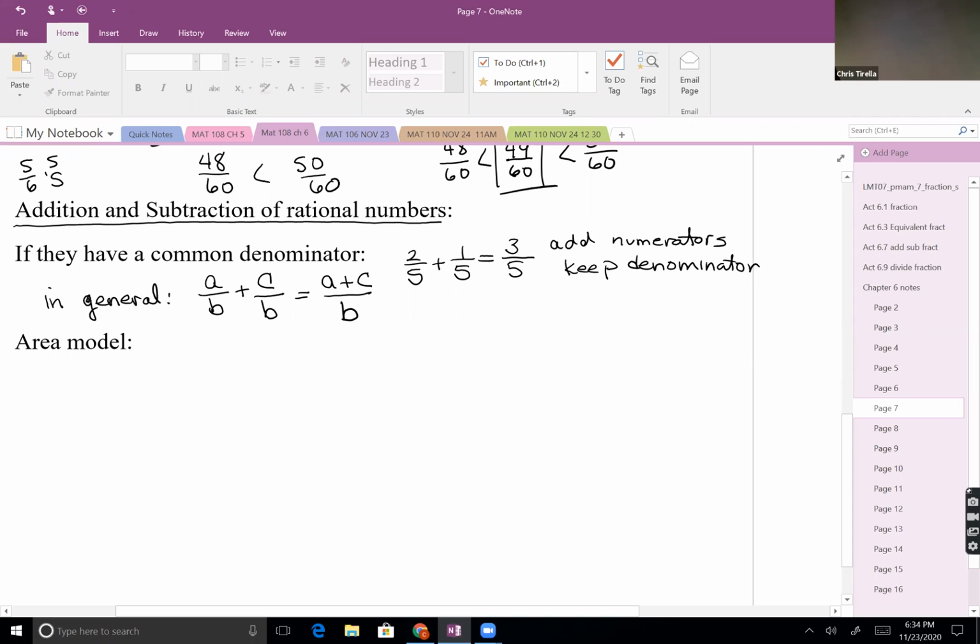And so with that area model, let's look at our hexagon. And so let's look at, let's say, 1/6 plus, let's say, 4/6.